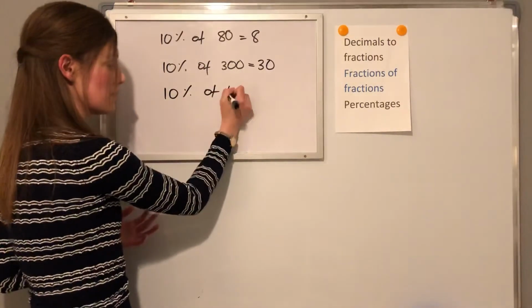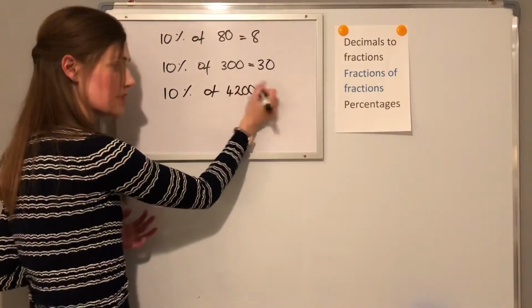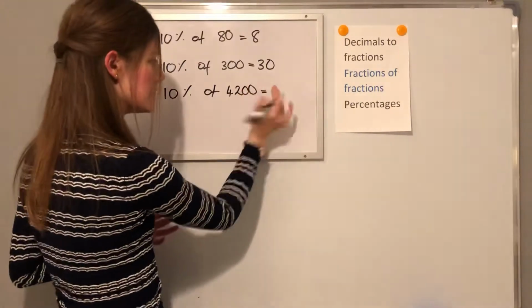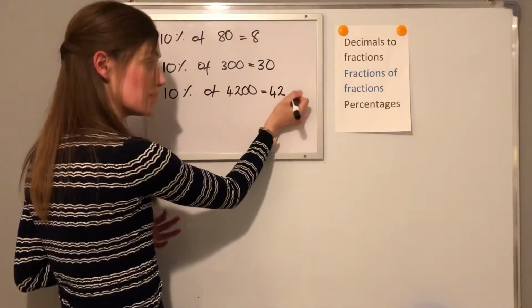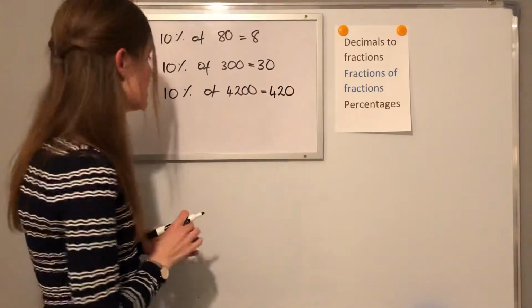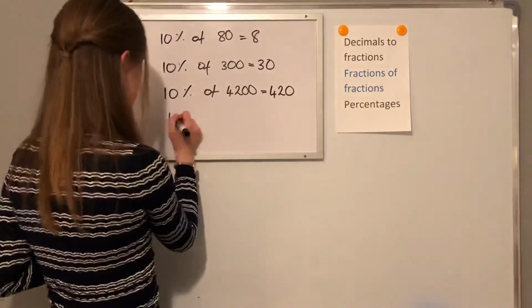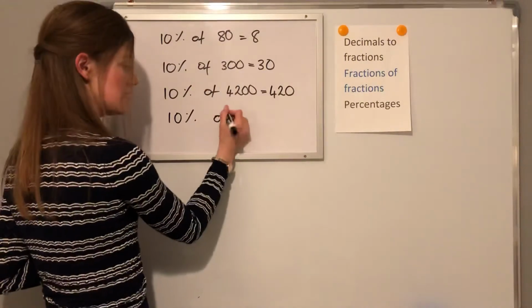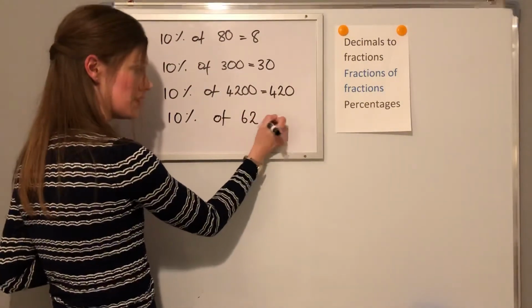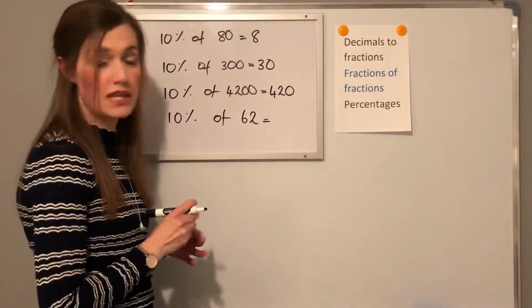10% of 4,200, take off a 0 is going to be 420. If, however, they made it a little bit harder and asked you for 10% of 62, there's no 0 to take off.